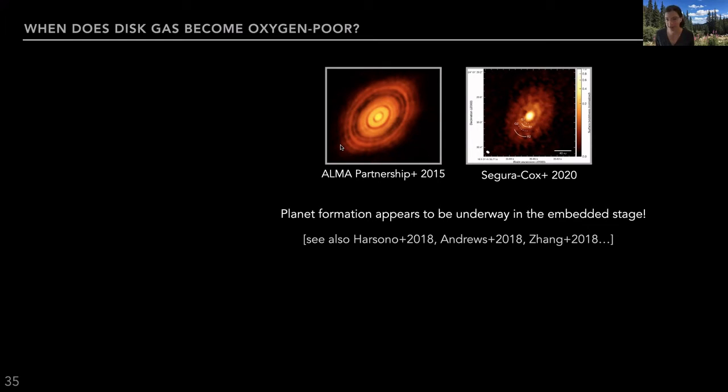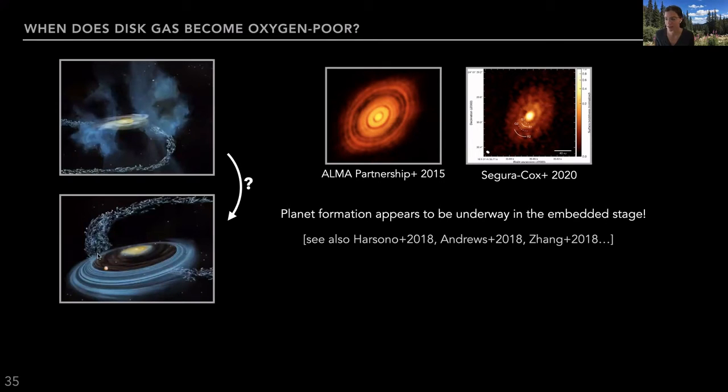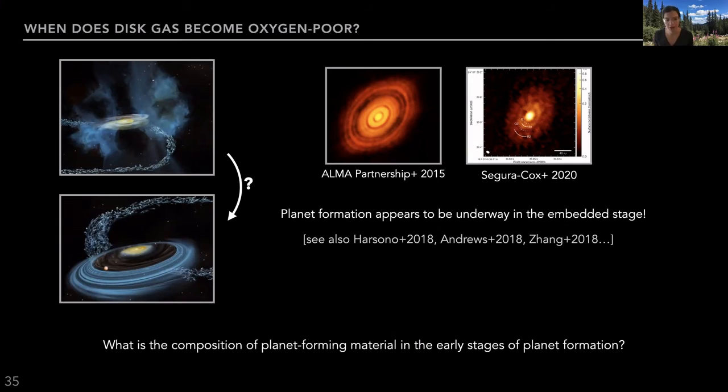So like I said before, we historically thought that planet formation was taking place in these mature protoplanetary disks, but we're now learning that the early stages of grain growth are already underway in this embedded stage. And so we naturally want to understand then, what is the composition of the planet-forming material in these early, embedded stages, and does this very distinctive reducing chemistry also play out in these younger objects?